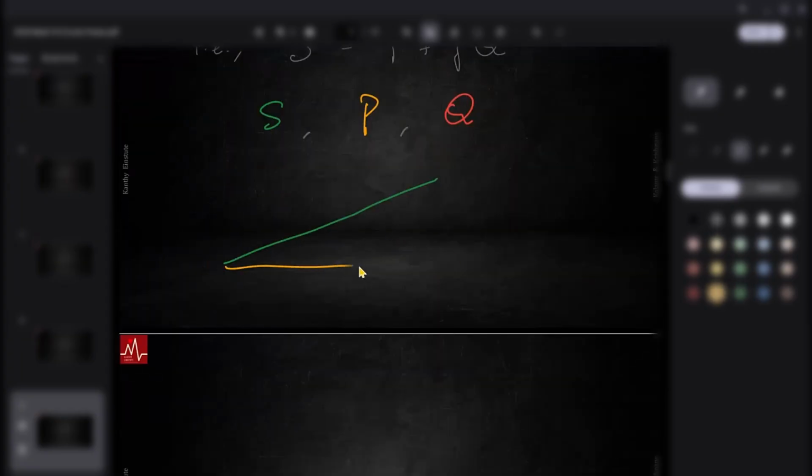This is the actual power, the cosine part, and this is the imaginary part. And this is, of course, a right triangle. There is an angle theta here. Theta is, by definition, the power factor angle.